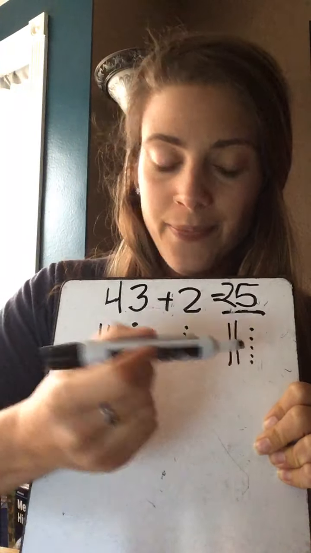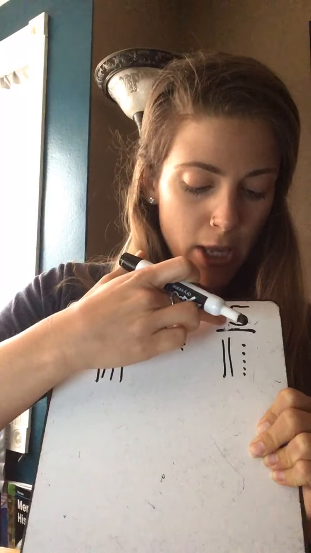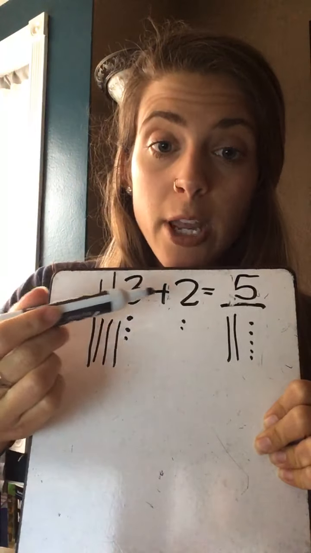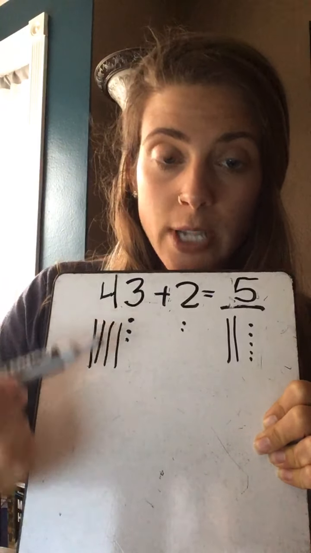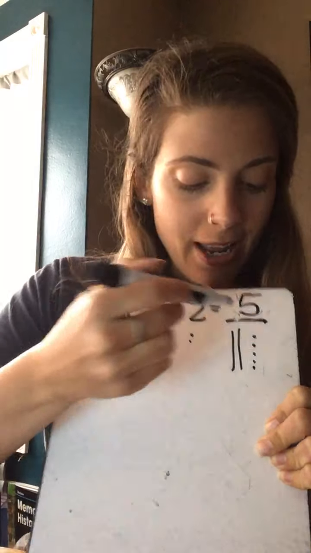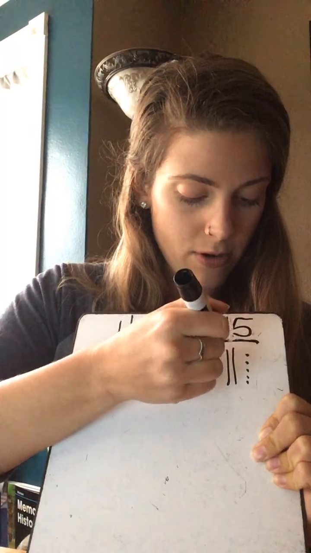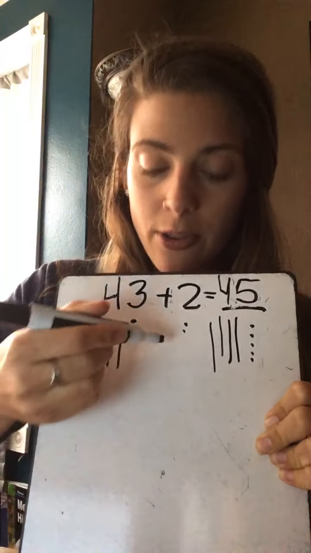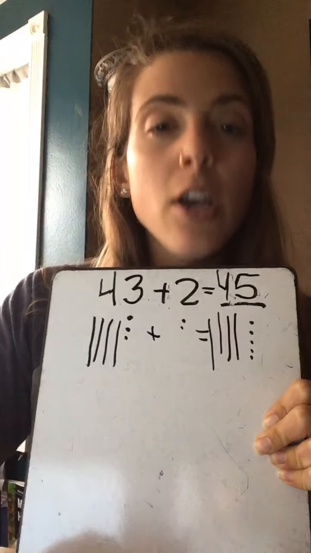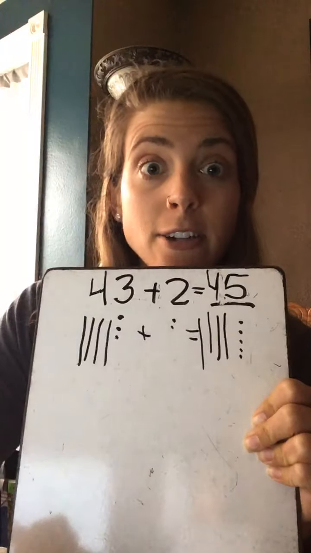That stays the same. By just looking at this, I bet you are so smart, you can probably figure this out. 43 plus 2, if I added 2 tens to make it 43, it'd be 44, 45. There we go. So 43 plus 2 equals 45. So we're going to be looking a lot at those kind of patterns today.